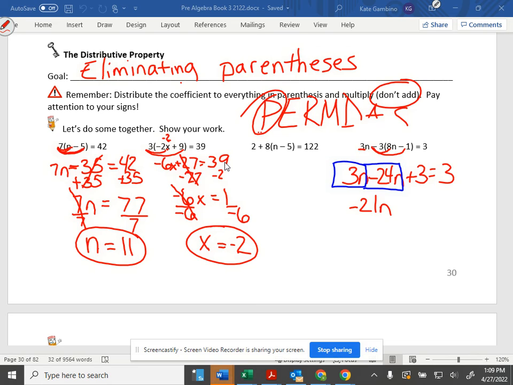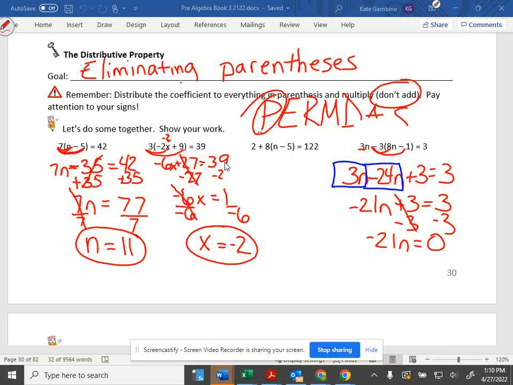What was it that we were supposed to do? +3 equals 3. What do I do next? Next step, Amelia. Subtract 3. I'm going to subtract 3. +3 minus 3 leaves me at -21n. 3 minus 3 is... So what's my next step?